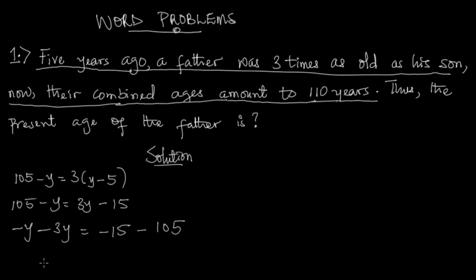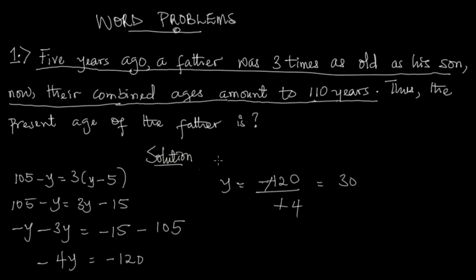So here we're going to have minus 4y equals minus 120. Now divide both sides by minus 4. You're going to have y equal to minus 120 over minus 4. And that will be equal to, minus cancels minus, 30.